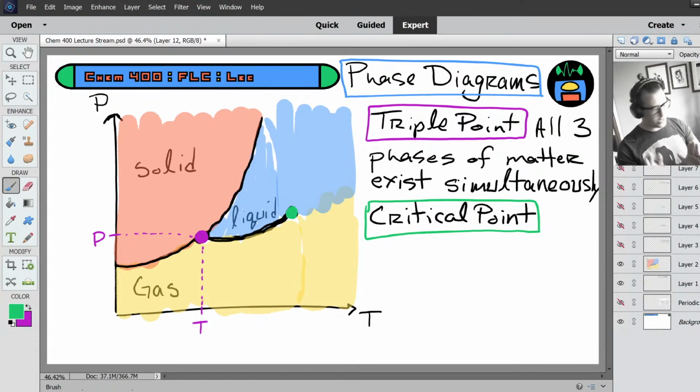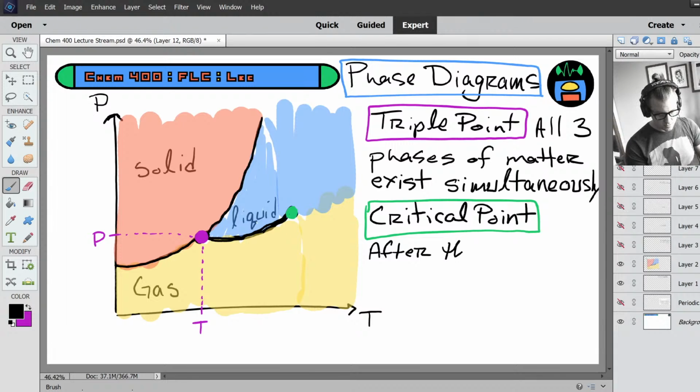The critical point is, I should say, after the critical point, and these are usually very extreme pressure and temperature conditions.